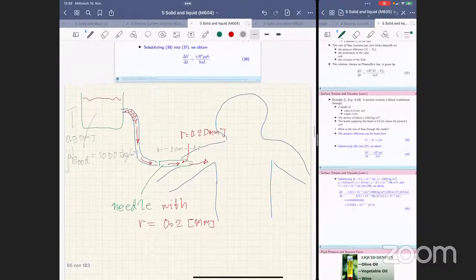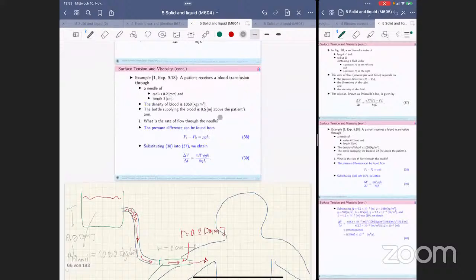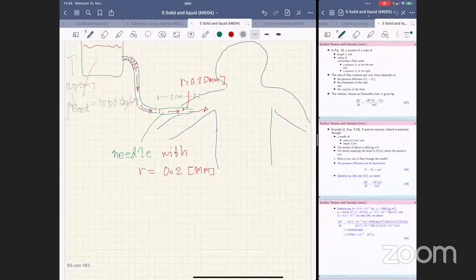So now we are going to use this formula, the Poiseuille formula. What they want to know is the rate of flow through the needle. So the question is delta V by delta T. What is that? We are going to use the Poiseuille formula, right? And we need to know R, which is the capital one, not the small one.